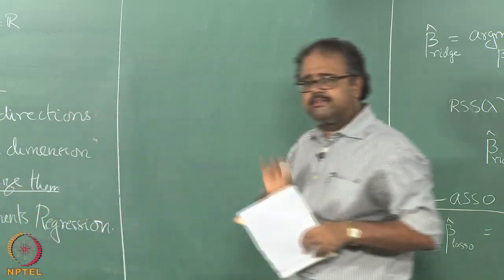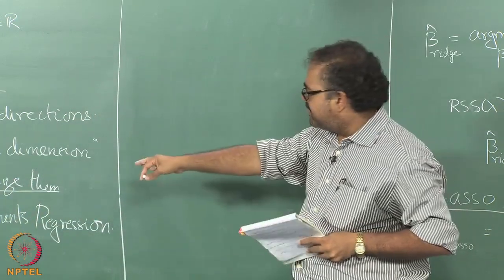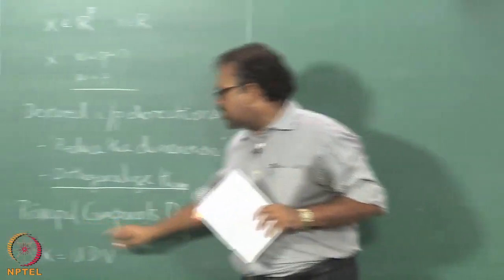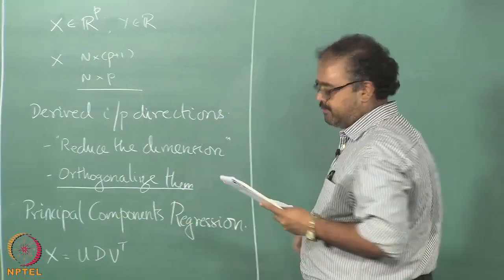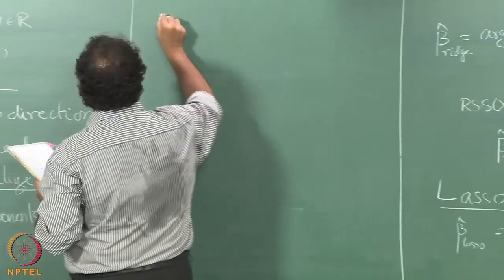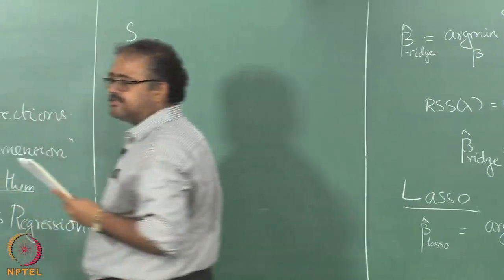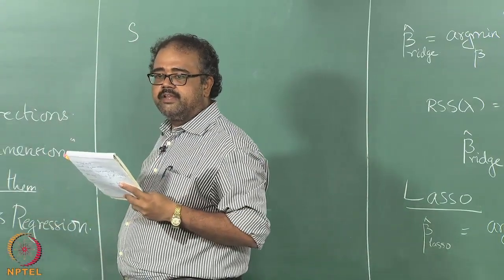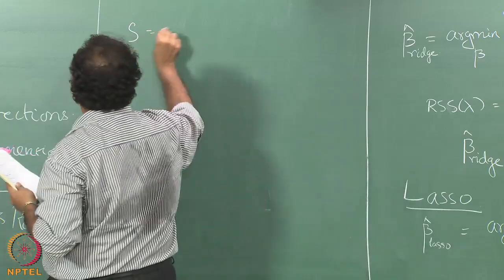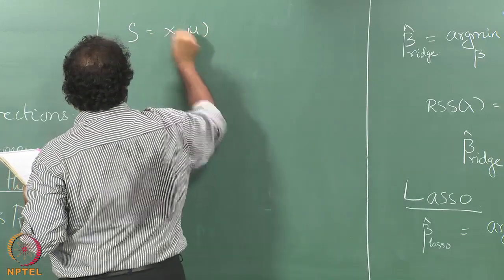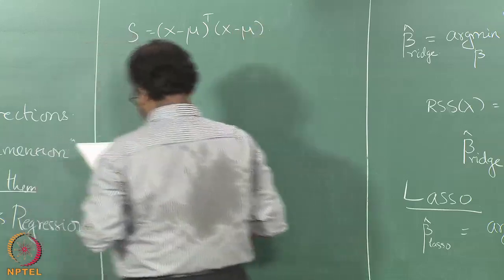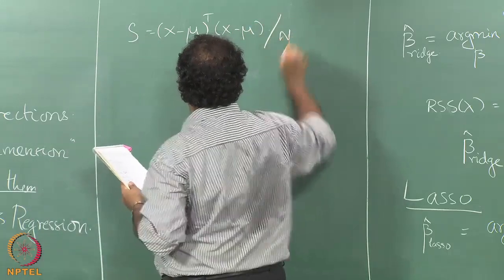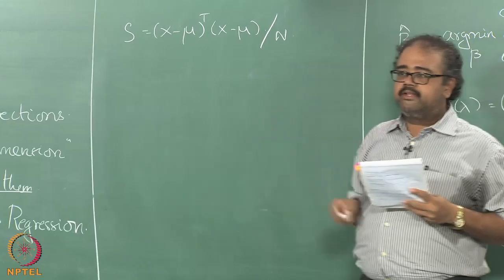If you look at singular value decomposition, or what is called the principal component analysis literature, you will find that they talk about the covariance matrix S. Okay, what is the covariance matrix? Right, so it is a covariance matrix.